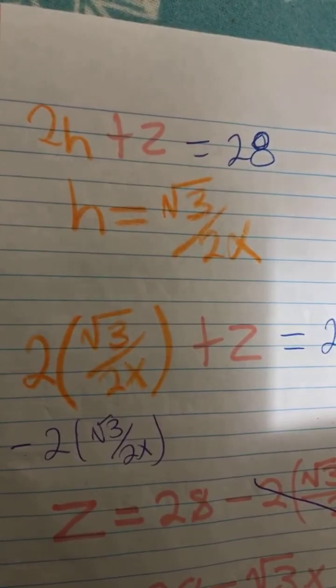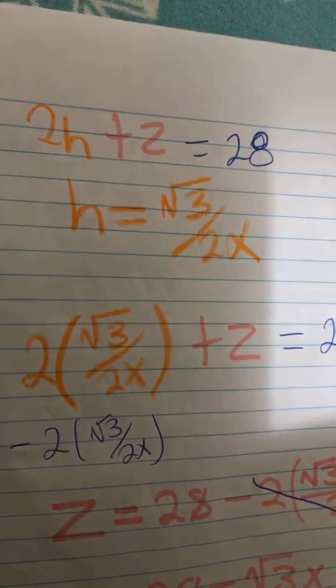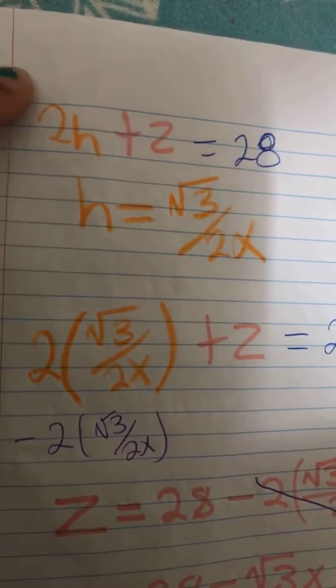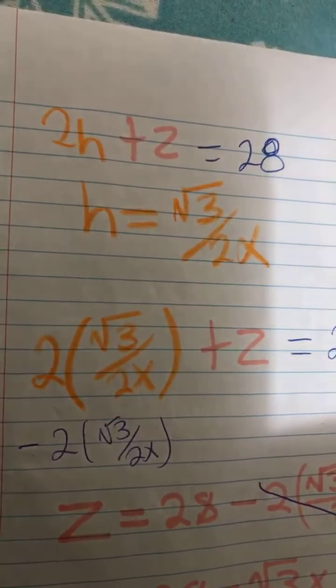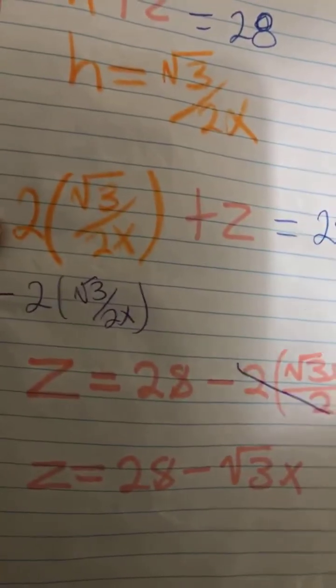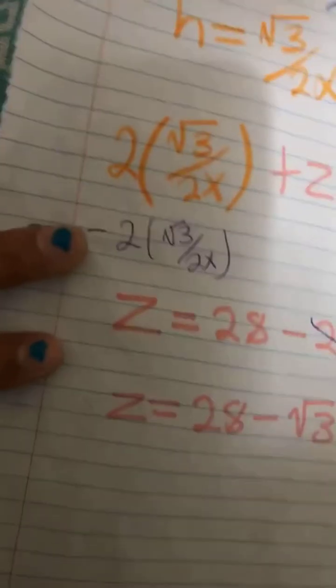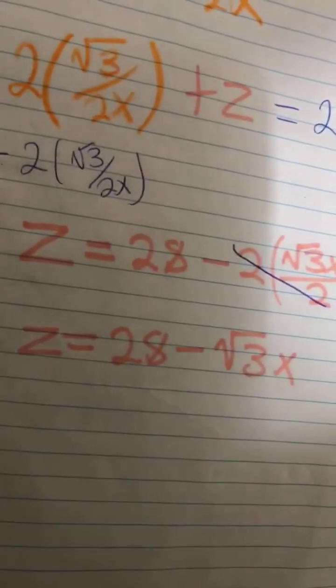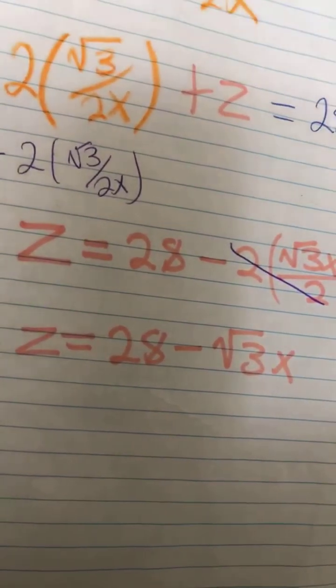We already solved for h, which is the square root of 3 over 2 times x, and plug it into our equation of 2h plus c equals 28. Then we solve for c and move terms to the other side, which is c equals 28 minus the square root of 3 times x.